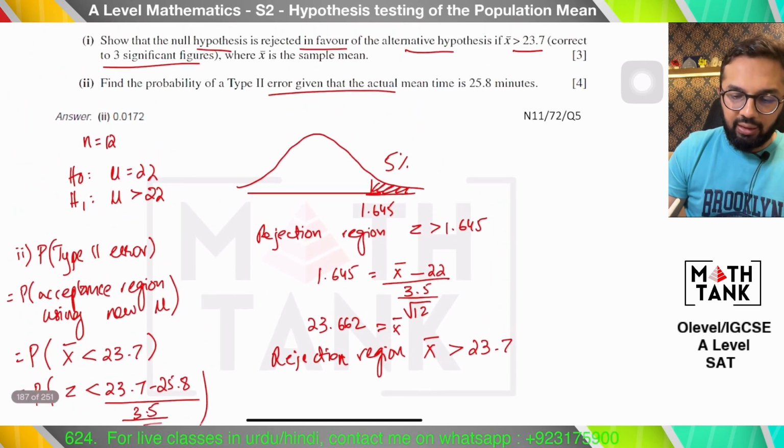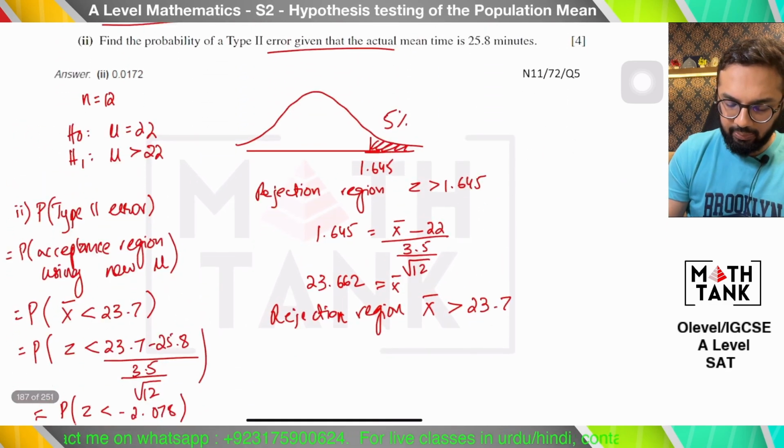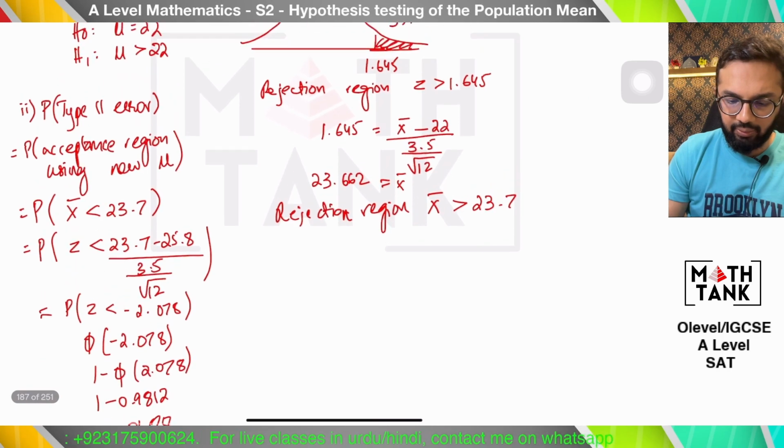So the probability of a type 2 error is... it's different, let's see if we've calculated something wrong.